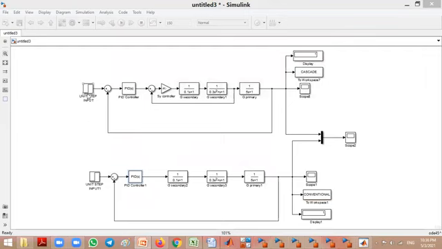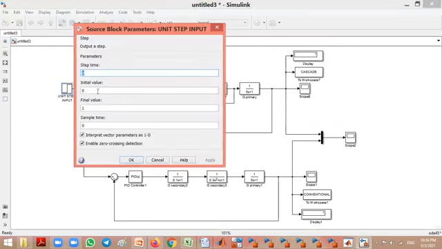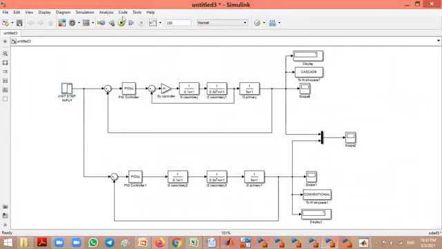For both you give the same set point. You can give two separate set points, but you have to give the same value. Step time should be 0, initial value 0, final value I'm giving a set point of 15. Right, now you run it.